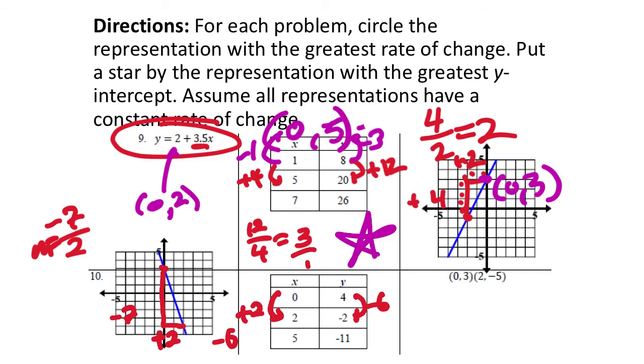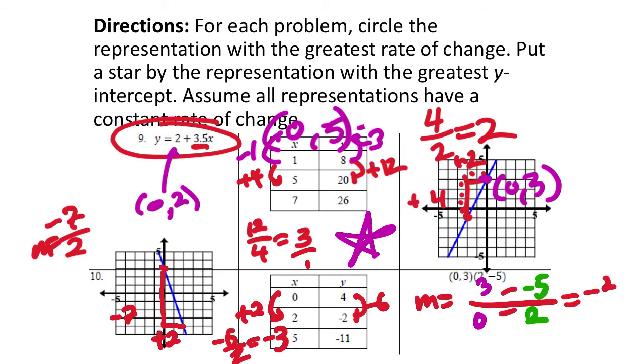So that's a -6 to 2 ratio, which is just -3. And then in this set of ordered pairs, we got 0, 3. And then 2, -5. When you put this in the calculator, what does that give you? 8 over -2, that's -4.